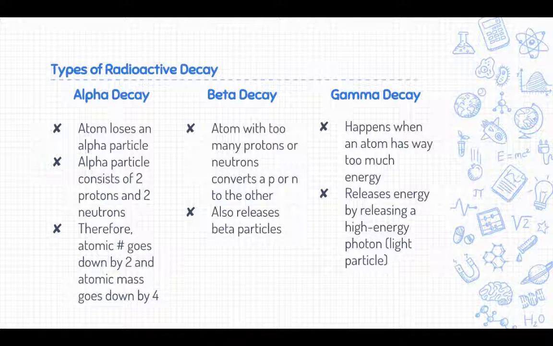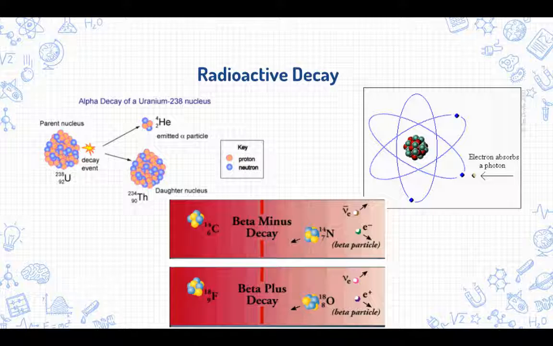And then gamma decay is when you get an atom that's way too excited and it just has to release some energy. And then that usually releases it in some type of very high energy light particle or photon. That's light energy. It's on the gamma side of our radiation scale. Not harmful at all, but interesting to say the least.